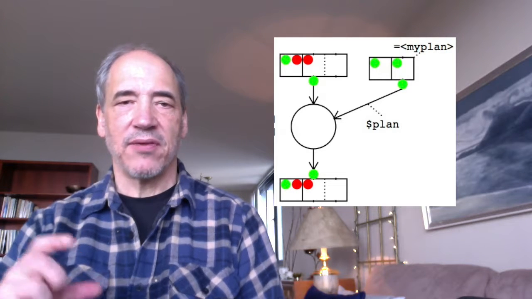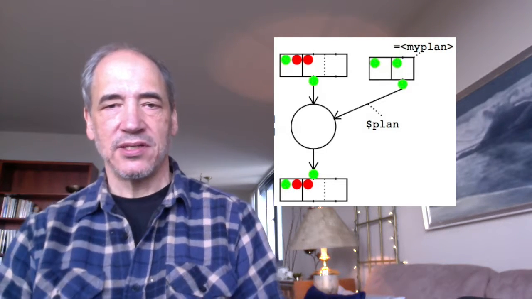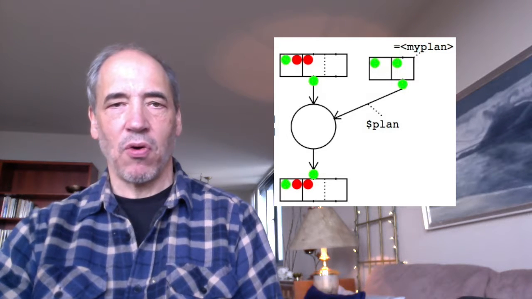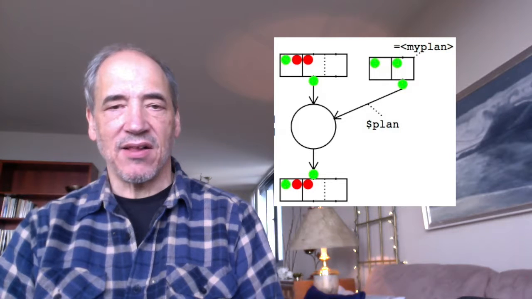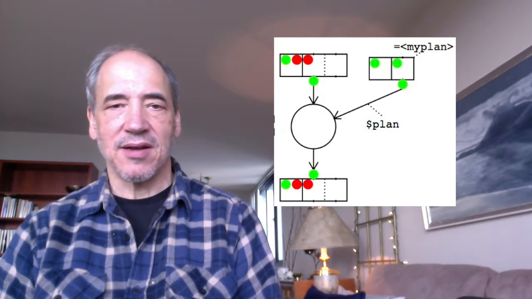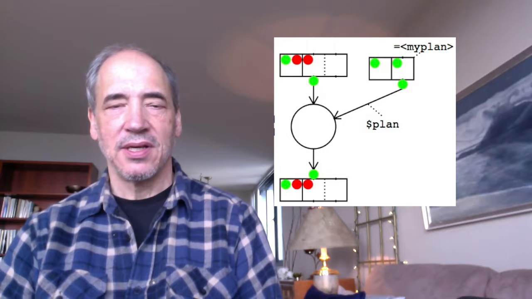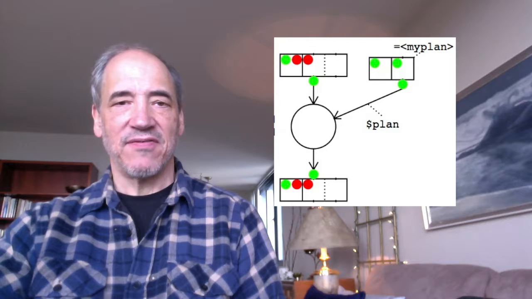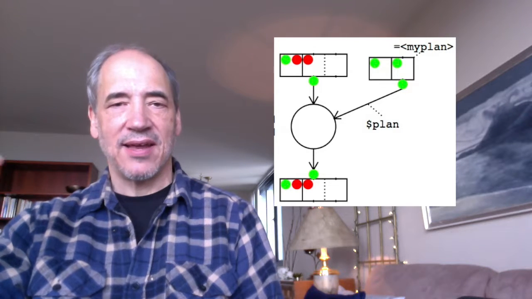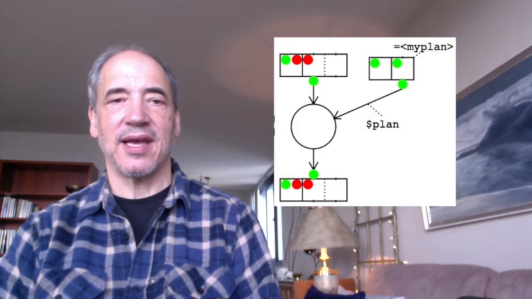So the $plan role binding is on the context, it goes to a resource, and that resource actually holds a plan. The context itself, not the thing in the context, but the context itself looks at the $plan role, and when it's ready, and if it finds a plan there, it can read it and plug it into the context and then execute that plan.